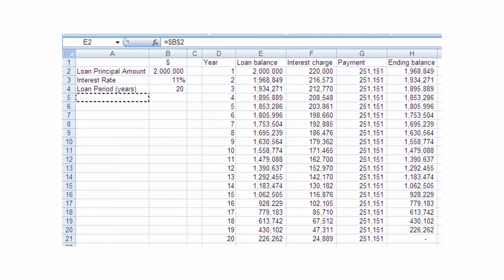After 1 year of payments, the new principal balance is $2 million minus $31,151, or $1,968,849. Clearly, the bank is most concerned with getting interest paid first.